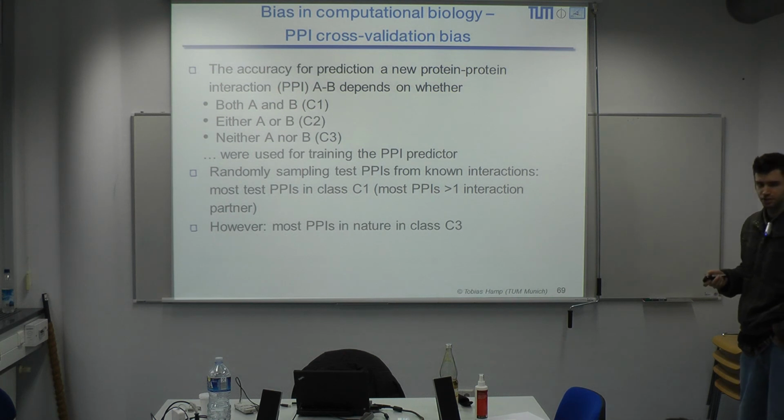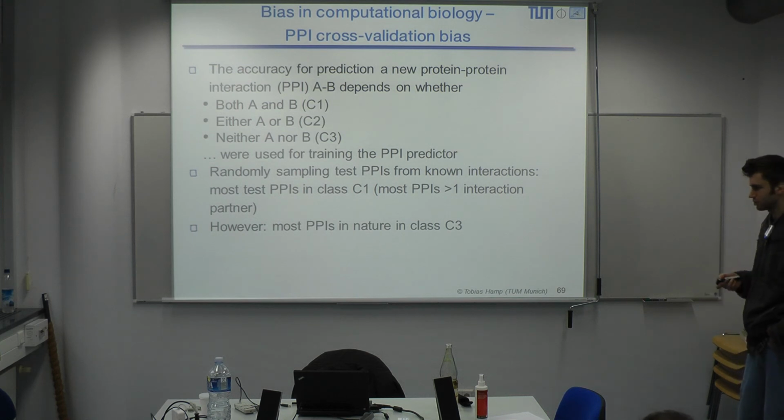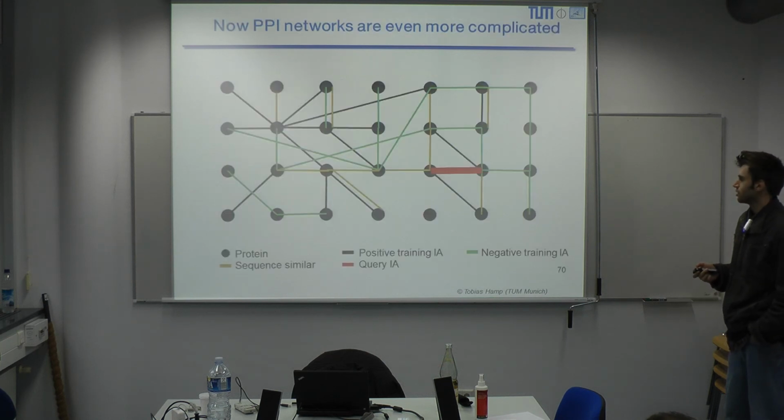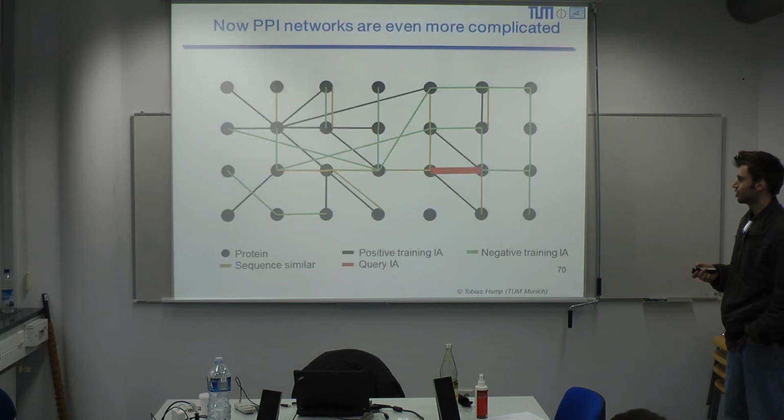The problem, however, is that most proteins in nature, as I've said multiple times, are not similar to proteins that are already annotated, even in protein interaction networks. They fall into class C3. And this makes things really complicated. So you now have to not only look at the positive interactions, but also at the sequence similarities between them and differentiate between various classes.